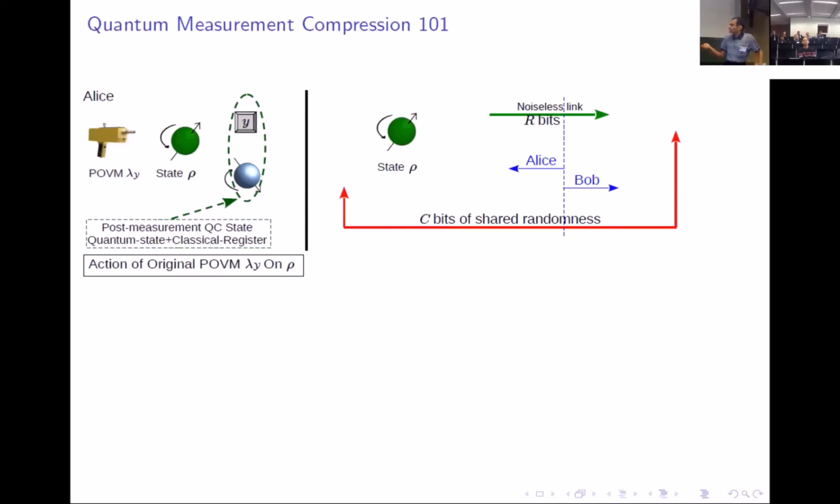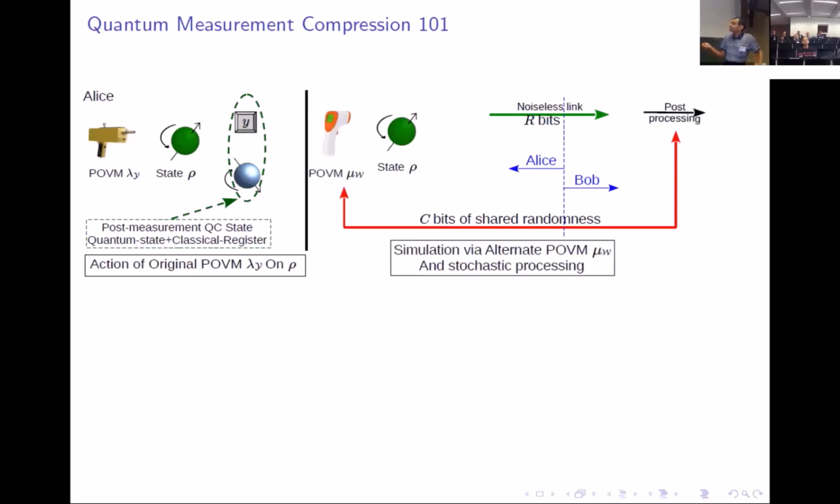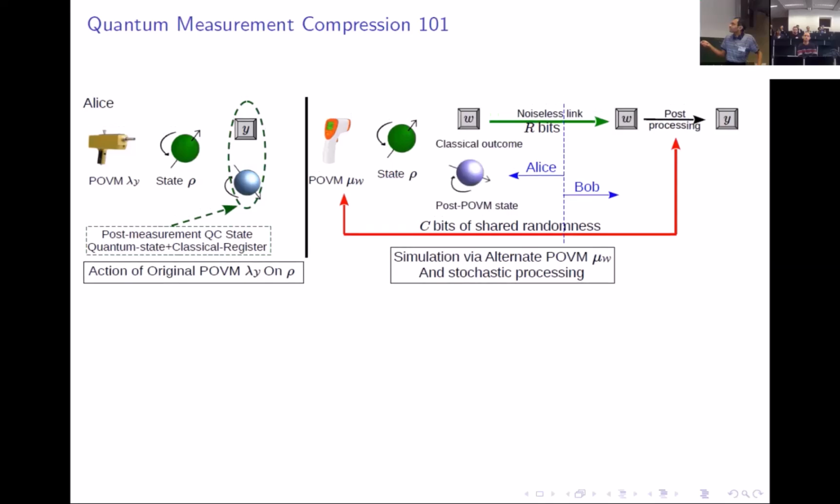Suppose I can construct a new POVM mu W whose outcome has only rate R, and that outcome W is communicated to the decoder. And with these C bits of randomness, if the decoder can post-process and get the Y out, then I've essentially simulated the post-measurement state using an alternate POVM.